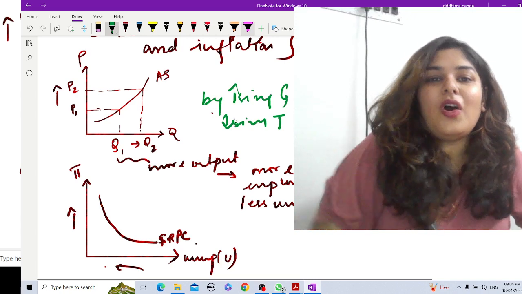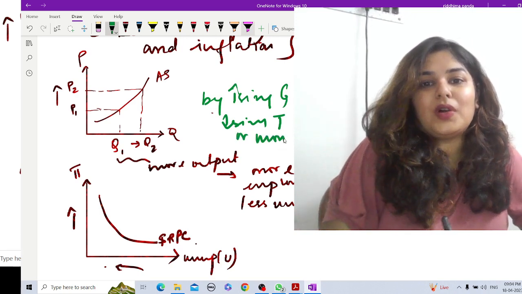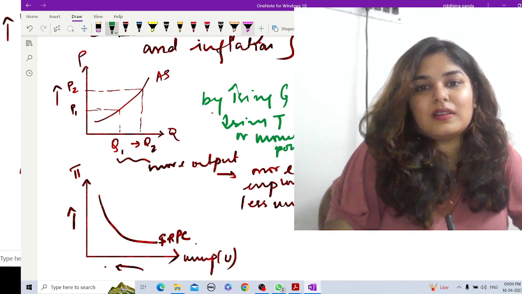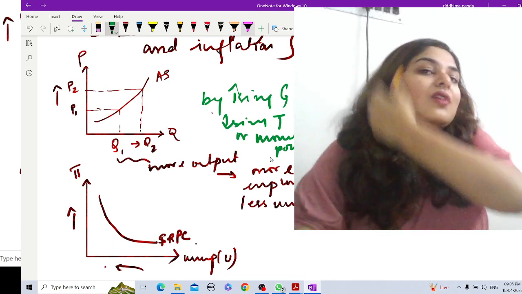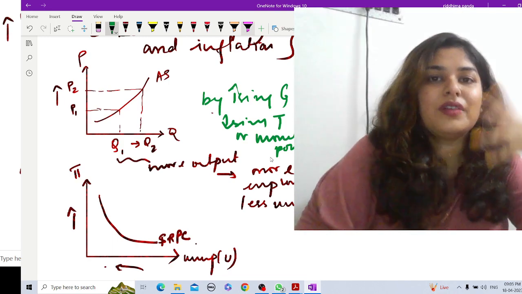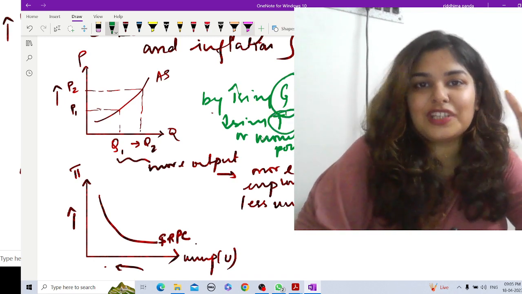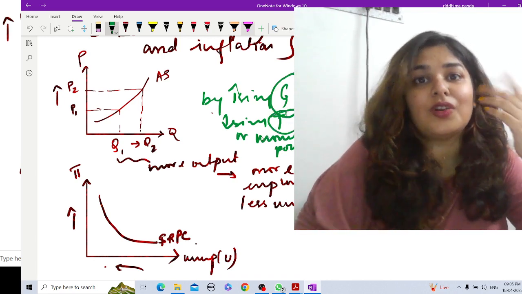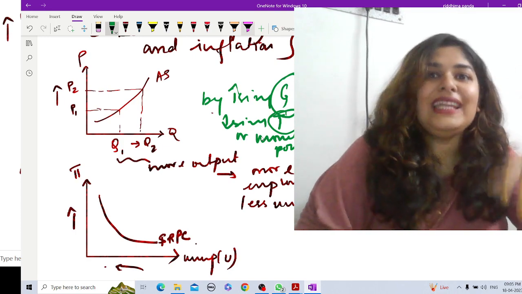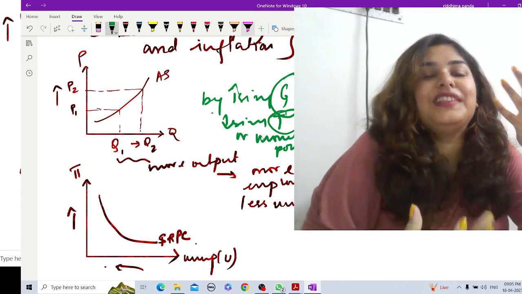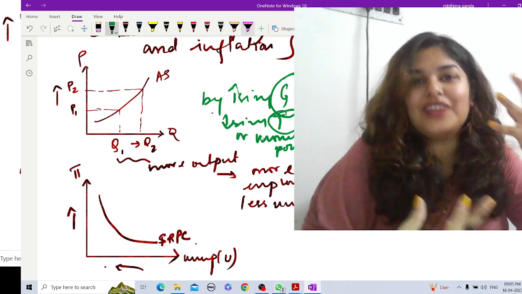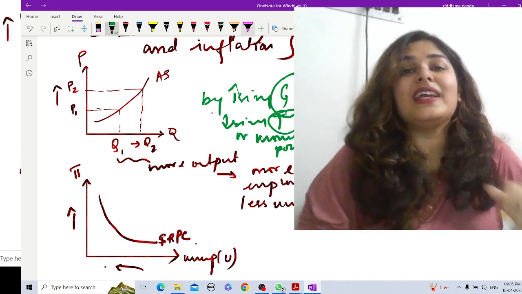These are other monetary policies. So in order to reduce the unemployment rate, any type of policy, whether it is fiscal or monetary, can be taken. And in the short run, they are ready to bear the inflation rate, right? But that is not the case in the long run.